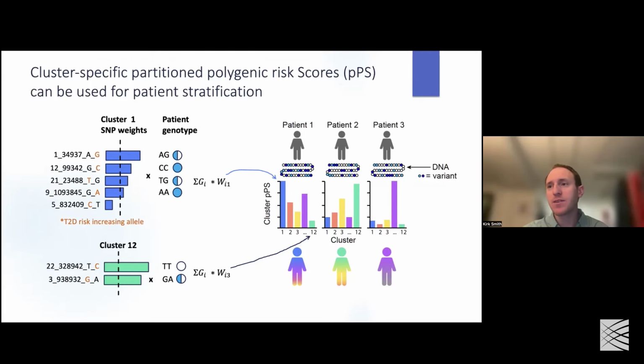We can then determine each patient's dominant genetic pathways and compare PPS profiles across patients. So looking at this example of patient 1, we can see that much more of their T2D risk is coming from cluster 1 than from cluster 12. And this is tied to their allele dosages for the SNPs in each of those clusters.